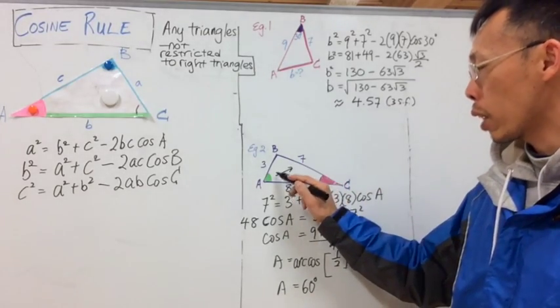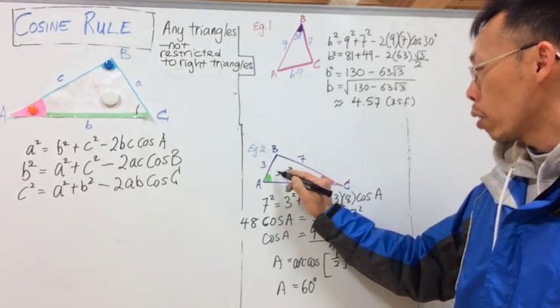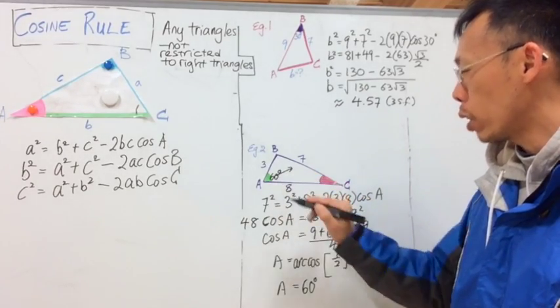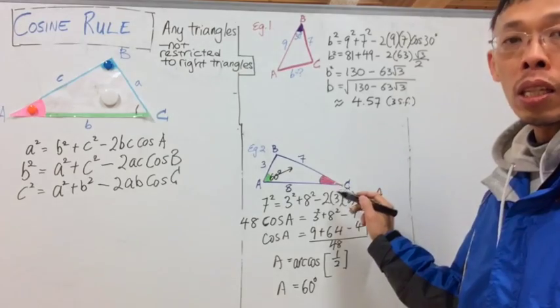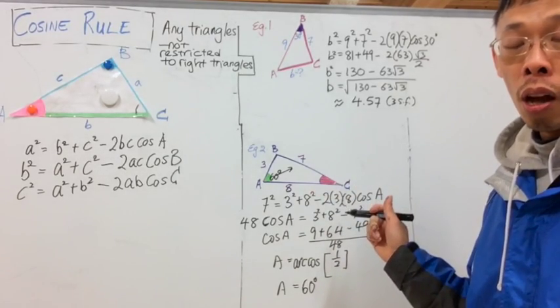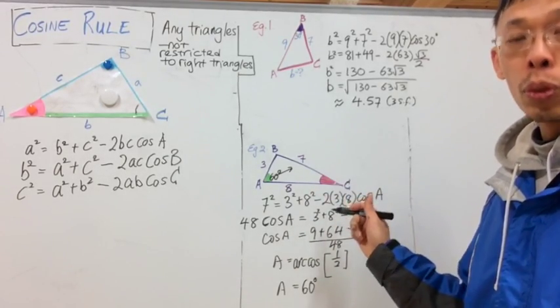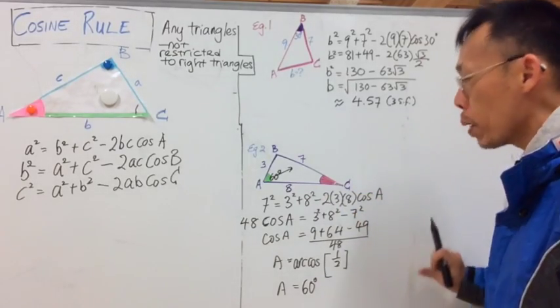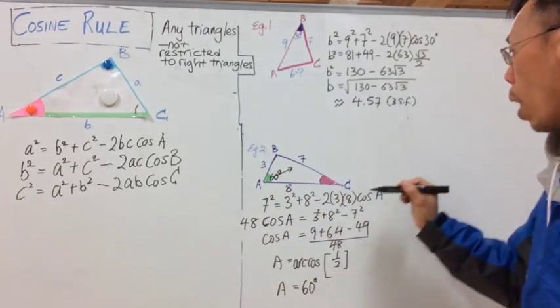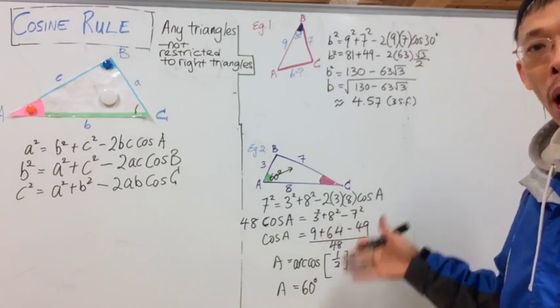Now once I know this is 60 degree, in order to find C, obviously I can use sine rule to do that. But today, because we are doing cosine rule, I'm not going to use sine rule. I'm going to practice my cosine rule.